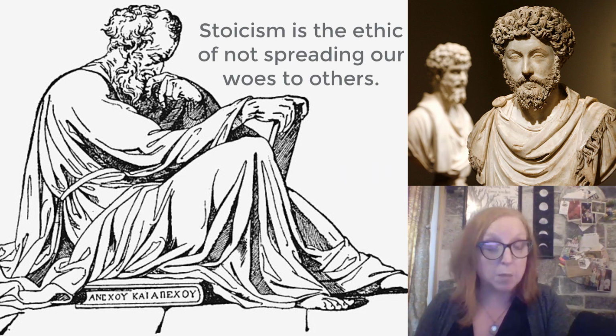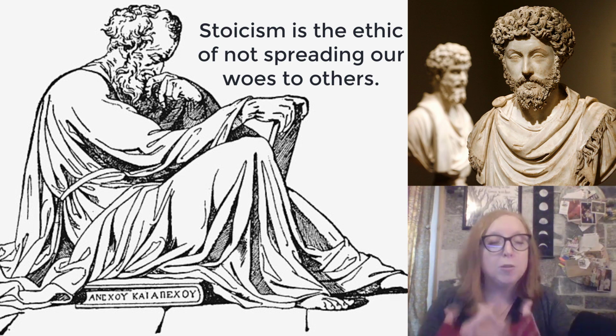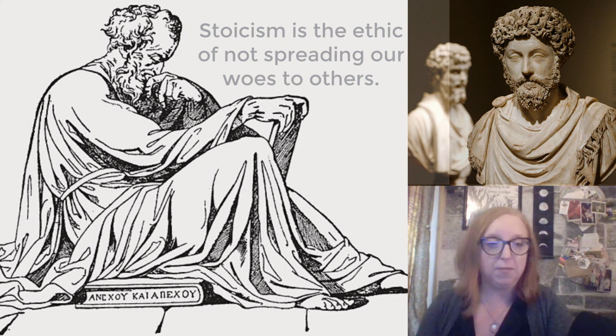So Stoicism refers to a method of ethics where we hold tight and close our emotional structures so that others may go on with their lives unhindered or unencumbered by our beliefs.